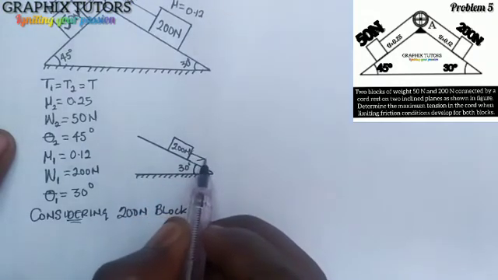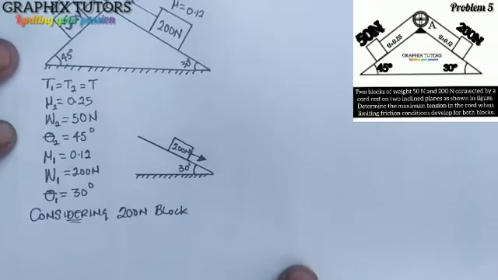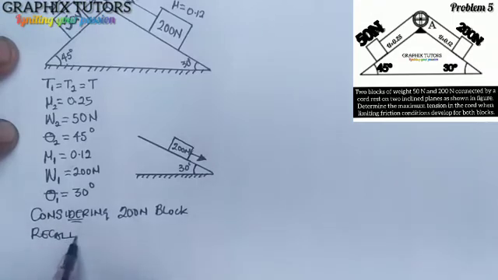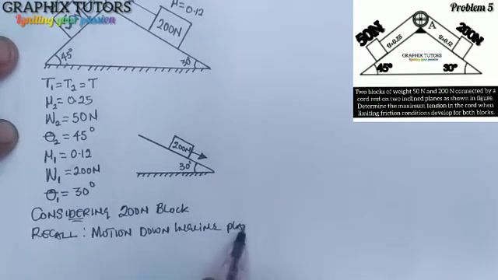Now what do you notice? If it slides down, that tells us about the motion of the block down the inclined plane. So I'm going to put that here. Recall motion down an inclined plane. If you watched my previous video, I explained this.